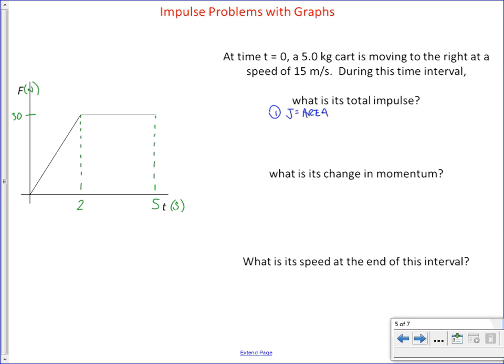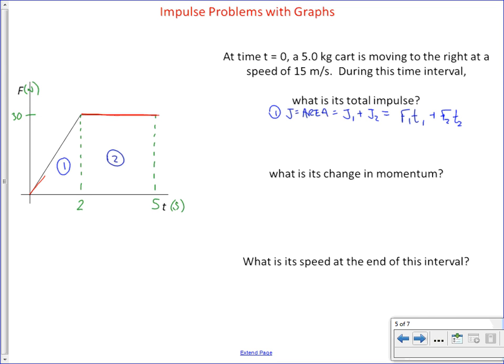Which is the same thing as, let's call this interval 1 and interval 2, F1T1 plus F2T2. But here's what you have to do. Some of you have already picked this up, I bet. This one's easy, right? Nice constant force. F times T. Done.